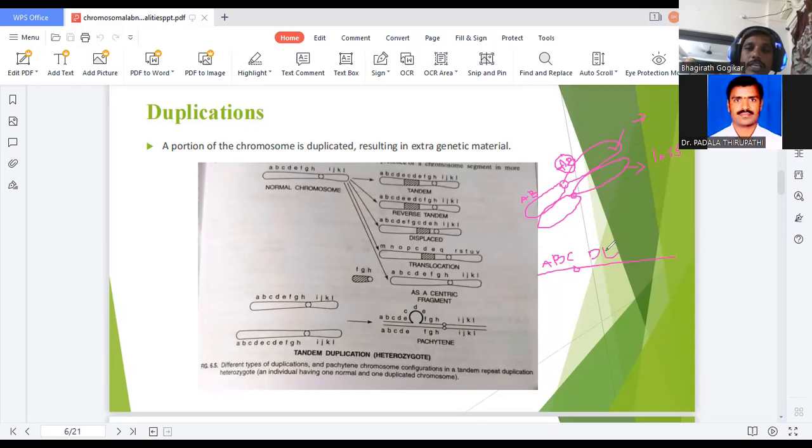The DEF genes are repeated more than once, the series of genes present in continuation with the same order. That is called duplication. Duplication means a chromosome containing a block of genes that repeats on the same chromatid. That is called tandem duplication.